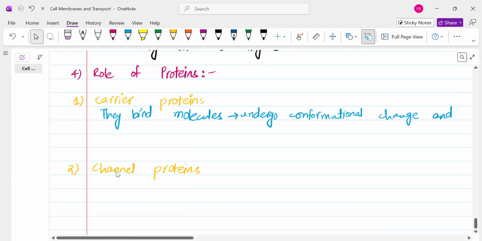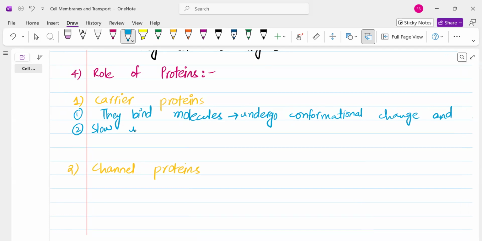When we talk about the carrier proteins, in comparison to channel proteins, they are slow in their working. So I am just telling you the difference. Firstly, this is second: they are slow in comparison to channel proteins. And you can tell me why they are slow.